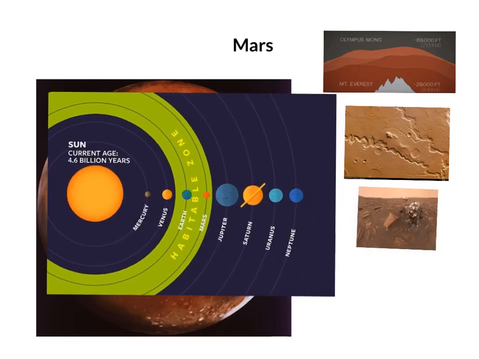And that's because Mars is in the habitable zone, sometimes called the Goldilocks zone, because it's just the right temperature for life. Notice from the diagram that the habitable zone is all this green space, and Earth and Mars are both in the habitable zone, whereas Venus and Mercury are too close to the sun and therefore too hot to support life, and these planets, Jupiter, Saturn, Uranus, and Neptune, are too far away or too cold, probably, to support life.